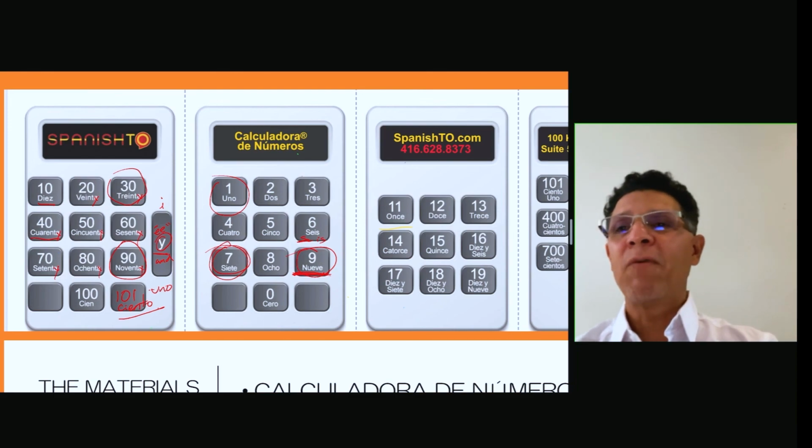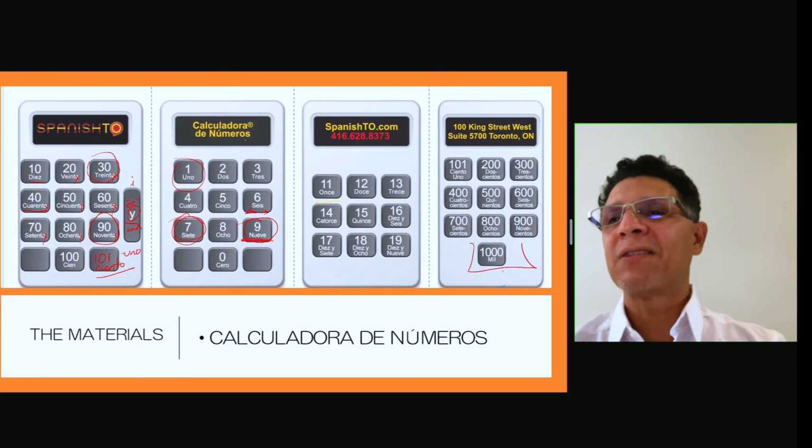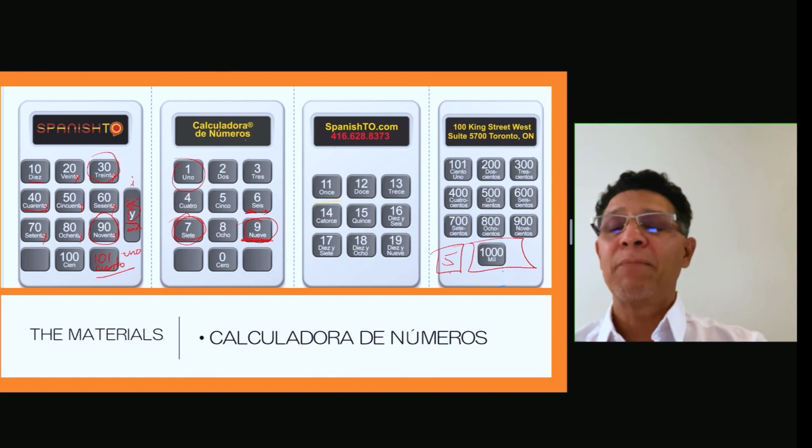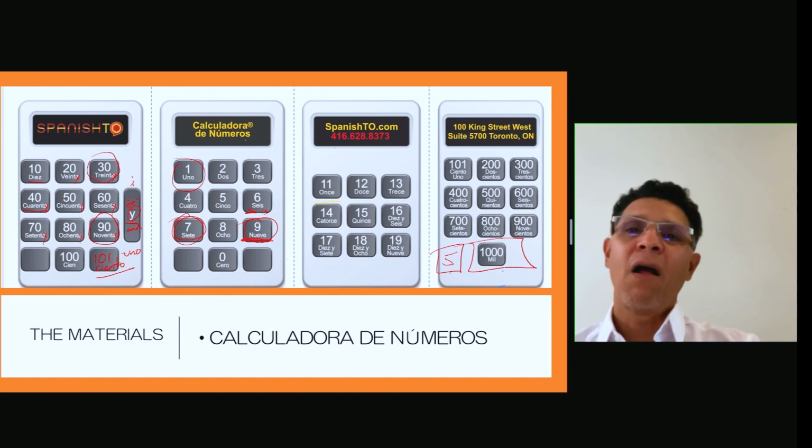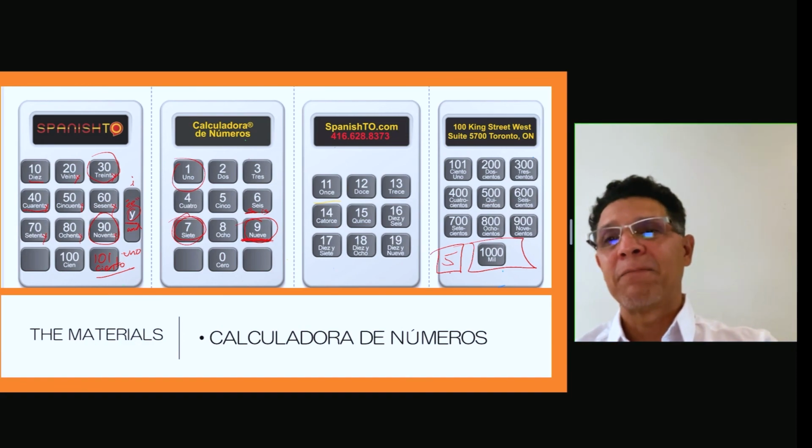All right. One more thing maybe you can do here is number 1,000. So if you wanted to say 5,000, you just say 5,000. That's important if you go to Latin America, where all currencies have the word mil beside it. Mil means 1,000.